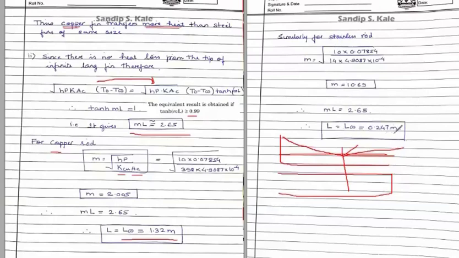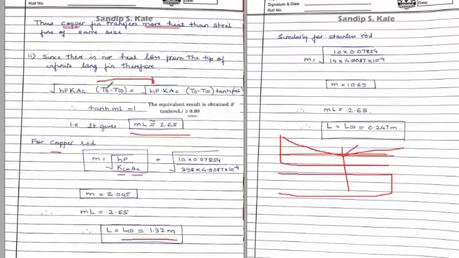So this is the second part. The only thing you are supposed to keep in mind here is that if the length is infinite, after some time the heat loss from the fin will be 0. Why? Because the fin tip has attained the temperature of the surrounding. So due to this, we can assume it as an insulated fin.